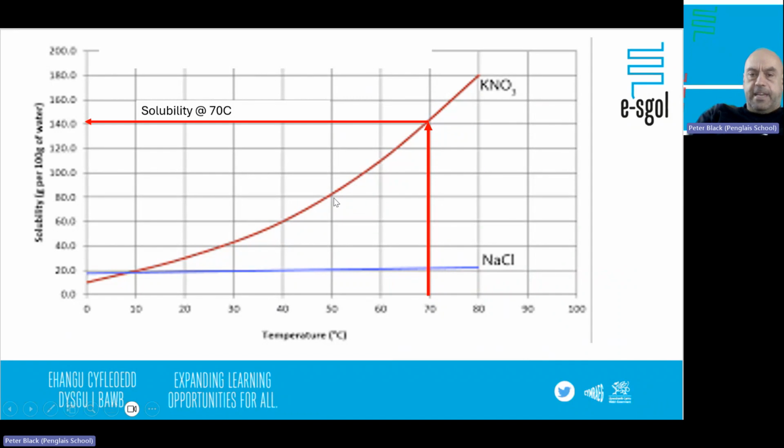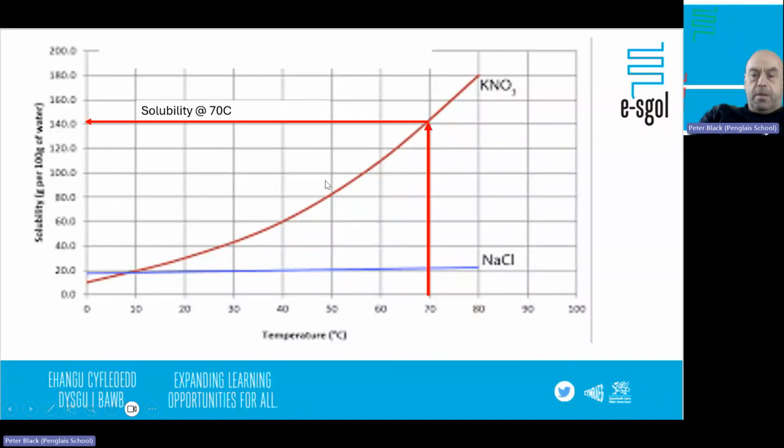So we come up from 50, hit the line, come across, and we can see it dissolves approximately 80 grams per 100 grams of water. There's something else that you might be asked. It's pretty obvious, but at what temperature is the solubility of potassium nitrate 100 grams per 100 grams of water? You'd come across from 100, hit the line, come down. I'm estimating that at about, I don't know, 57 degrees C.